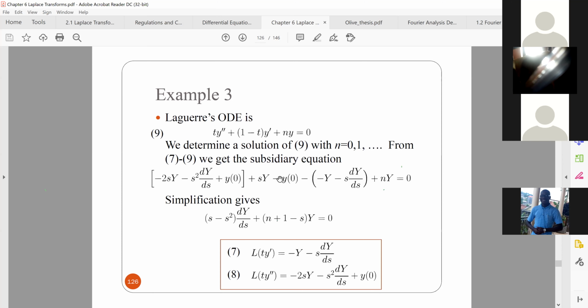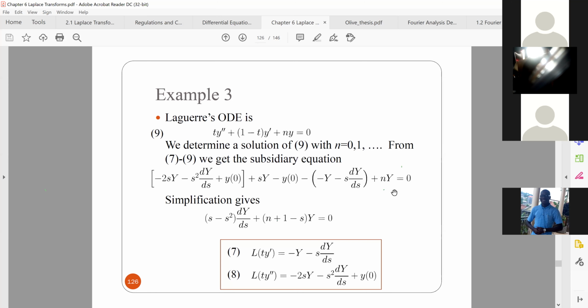This one is coming from the first derivative times 1. What we are going to change is this term, minus t times y, which is this term. And then ny is this term.